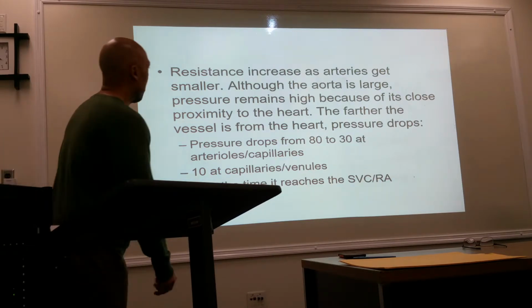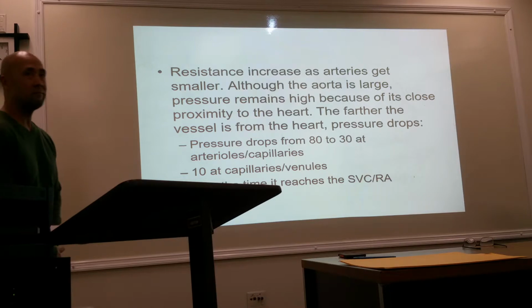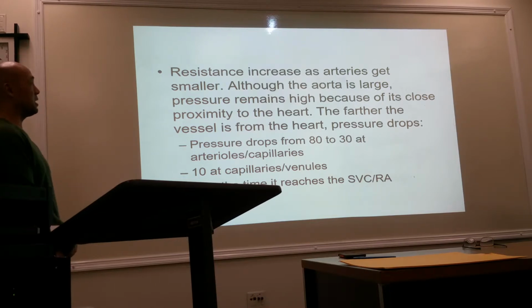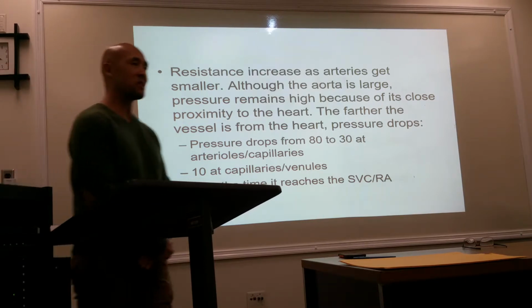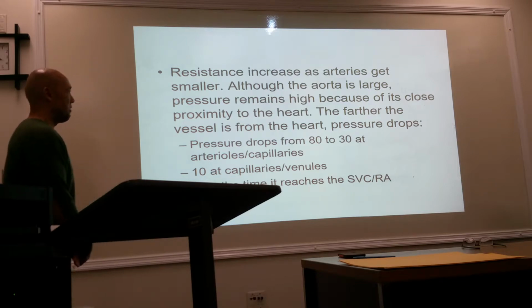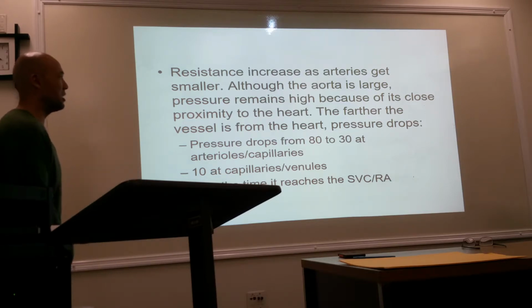Resistance increases as arteries get smaller, right? Although the aorta is large, pressure remains high because it is in close proximity to the heart. So anything that's close to the heart is going to have strong pressure. The further the vessel is from the heart, pressure starts to drop.